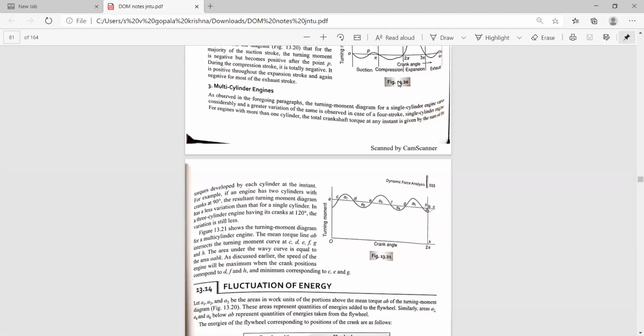But in this area we get more power strokes, and at the same time turning moment values are more. That is the small difference between single cylinder and multi-cylinder engines. The number of times we attain turning moment values generated is more.